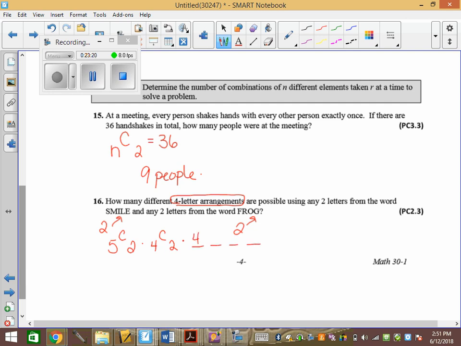So 4, 3, 2, 1. And what do we get for an answer? 5C2 times 4C2 times 4 times 3 times 2 times 1, which is 1440.